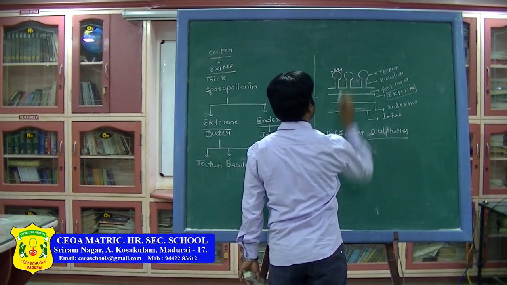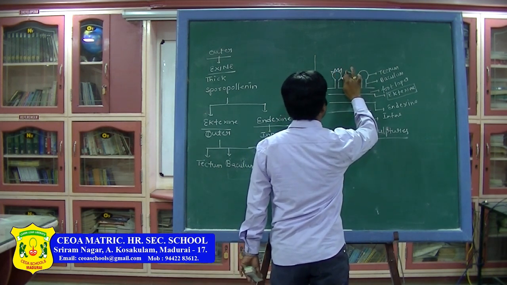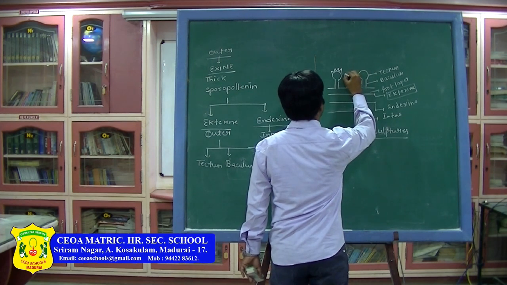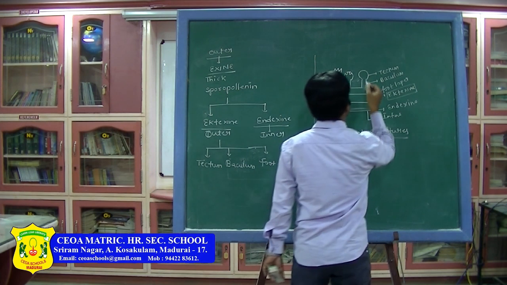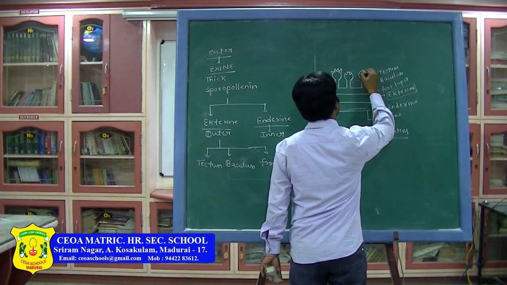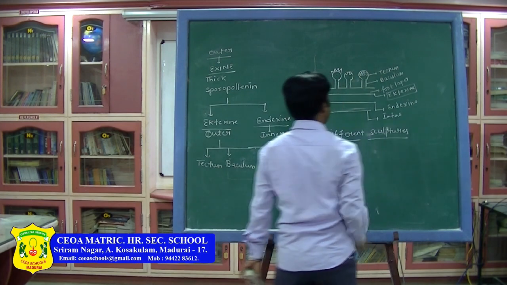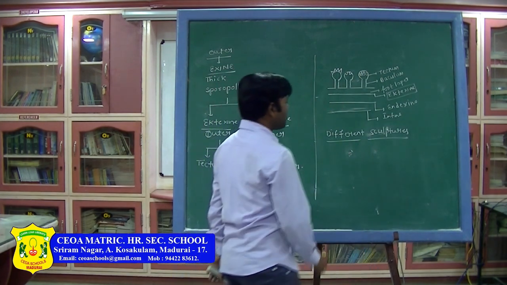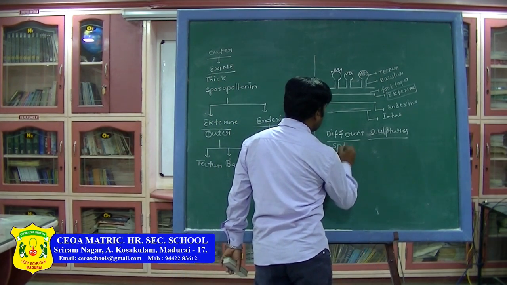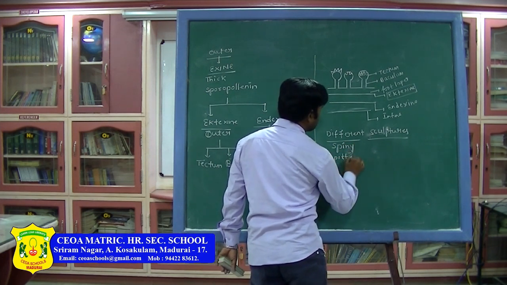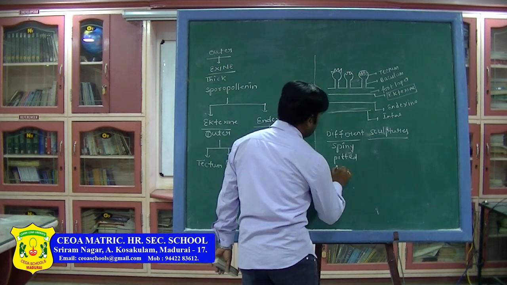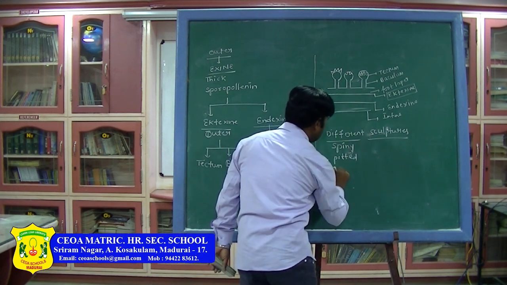The next one is pitted, meaning inside it invaginates like this. The next one is reticulate, like this. How many are present? One is spiny, another is pitted, another is reticulate.